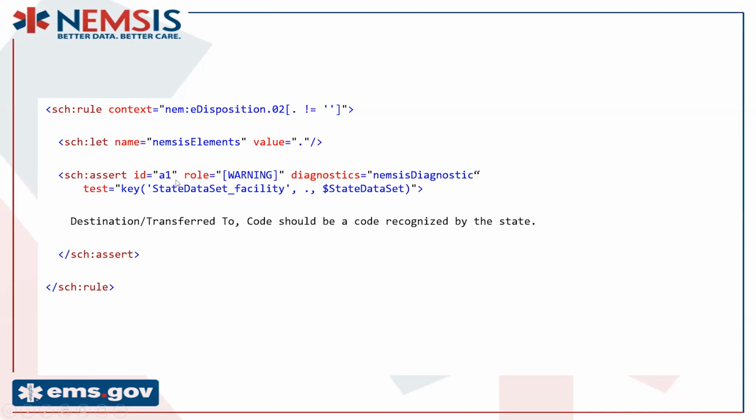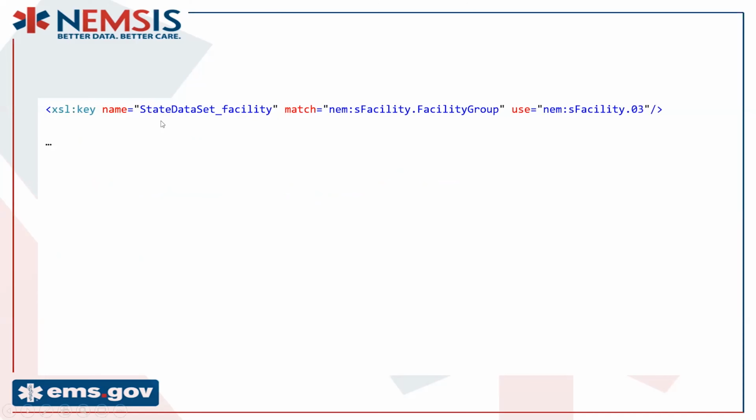And then I have my assertion here, and the test of my assertion is actually quite straightforward. Instead of being that long hard-coded list of facility codes, I use the key lookup. So I use a function called key, and I tell it which key I want to use. I want to use the StateDataSet facility key. If we go back up, it's going to use this key that I defined here.